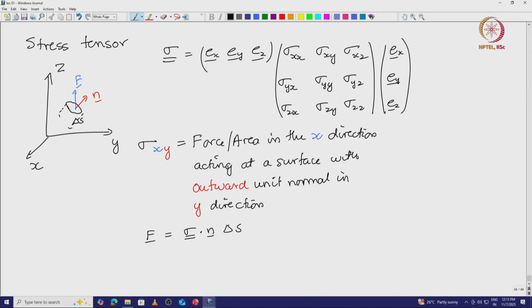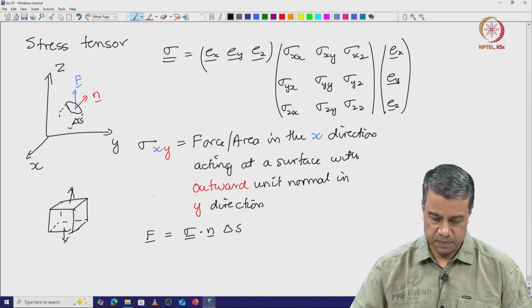It acts along the outward unit normal, that means that it is extensional. So, for any differential volume, the force that exerts along the outward unit normal is extensional in nature, whereas it is compressional if it is along the inward unit normal.